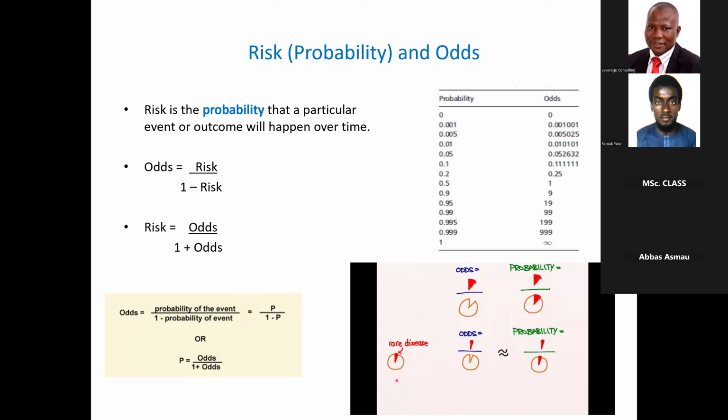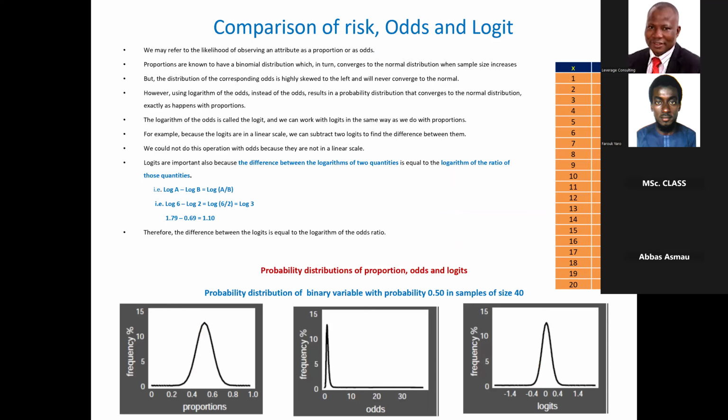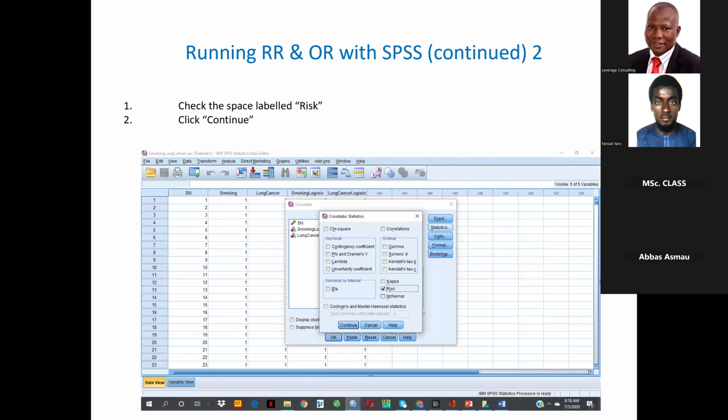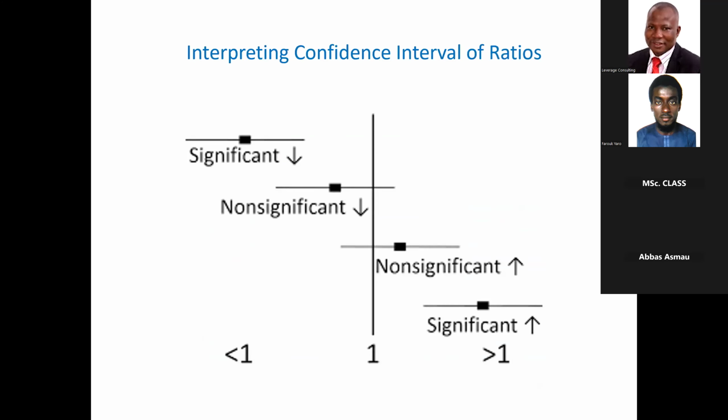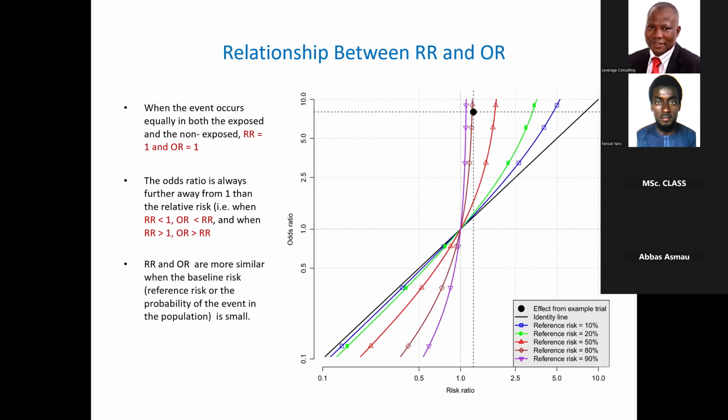So they can see the difference because the odds has a range of values from 0 to infinity, while the risk has a range from 0 to 1. That's why they use odds to bet rather than risk.